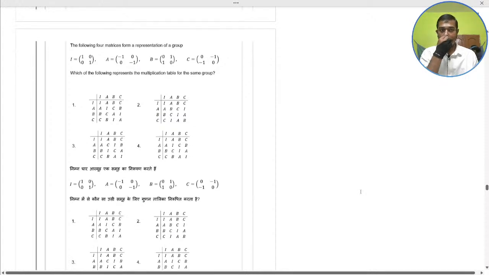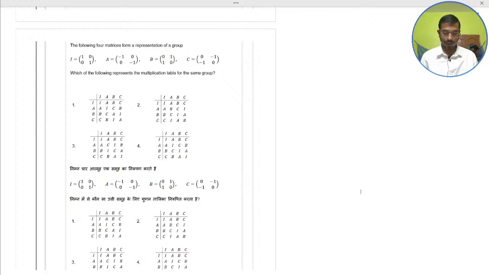Next, the following four matrices represent a group. Which of the following represents the multiplication table for the same group? This is from group theory, mathematical physics.